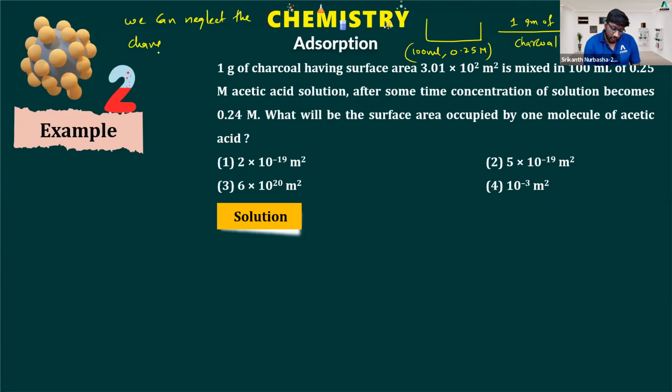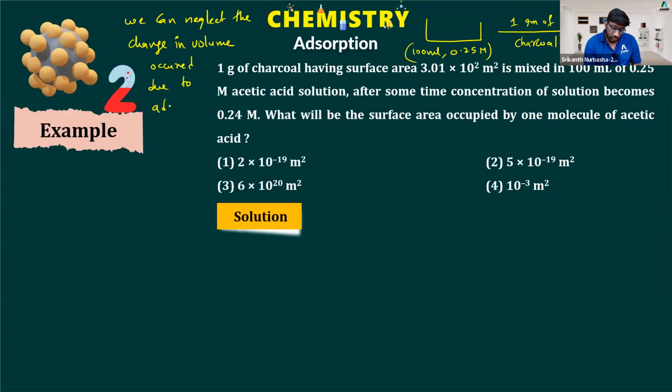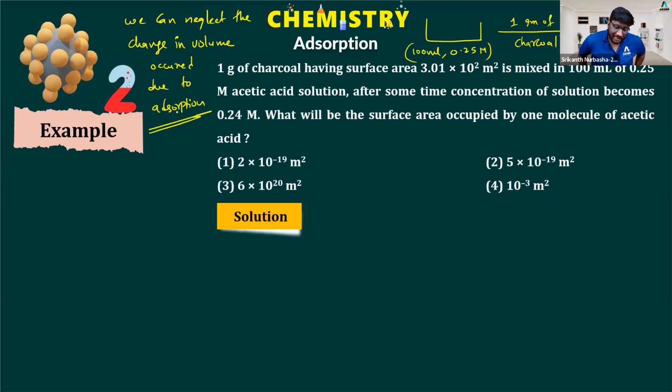If they have given the final volume, you have to take the final volume. If not given, then you can neglect the change in volume occurred due to adsorption. So 100 ml of 0.24 molar.